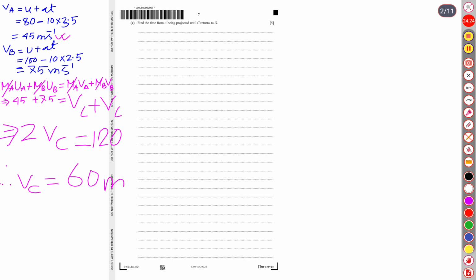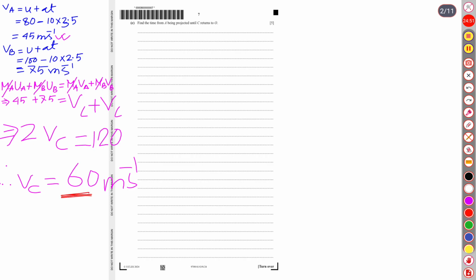60 meter per second. This is the velocity of both particles combined just after the collision, and it will be termed the initial velocity from now onwards. What can we understand from this velocity? After the collision, the velocity of the combined particle is positive.